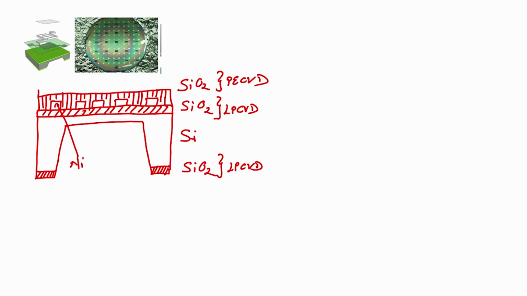After this, the next step would be spin coating of photoresist. Okay. Spin coating positive photoresist. Next step, we do not want the silicon dioxide on the contact pads, right, otherwise we cannot apply power to the heater.